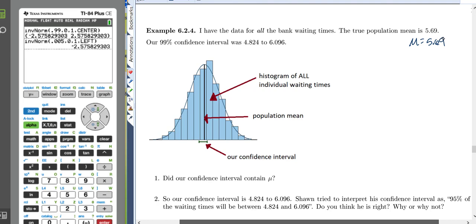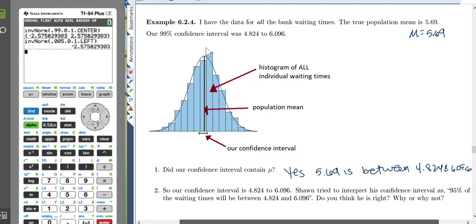I just didn't actually know what it was, but it is 5.69. Now, our 99% confidence interval is 4.824 to 6.096. So, did our confidence interval contain mu? Yes. 5.69 is between 4.824 and 6.096.